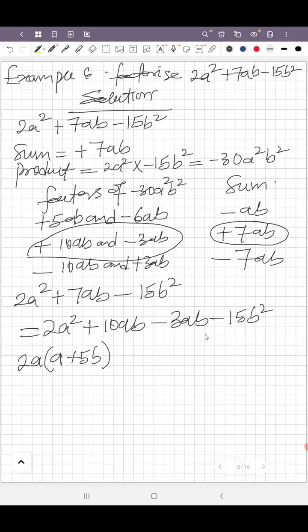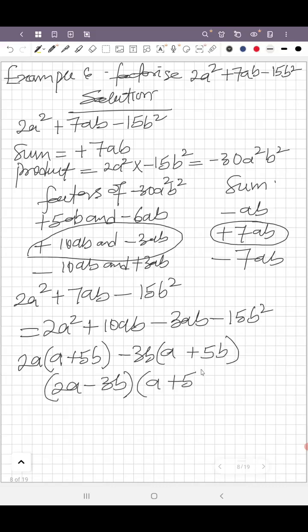Minus 3b is common in the last two: we have a plus 5b. So we have 2a minus 3b onto a plus 5b. So this is how to factorize this: 2a minus 3b onto a plus 5b.